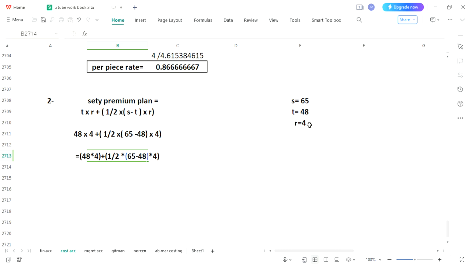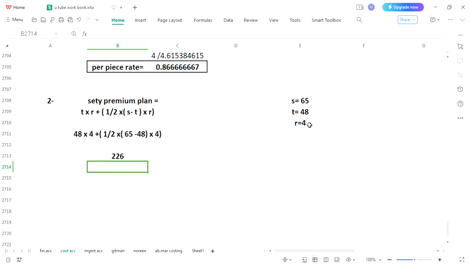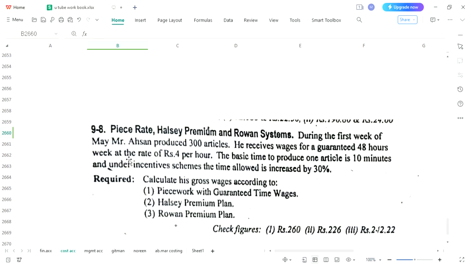Alright guys, so in this way you have calculated your Halsey method, and please pay your attention over here. Just follow this formula, and whatever is written in the formula you will put on your calculator, and you have got the answer 226.